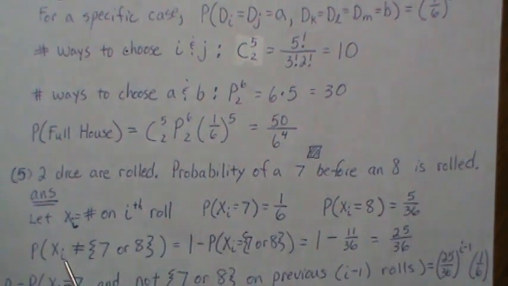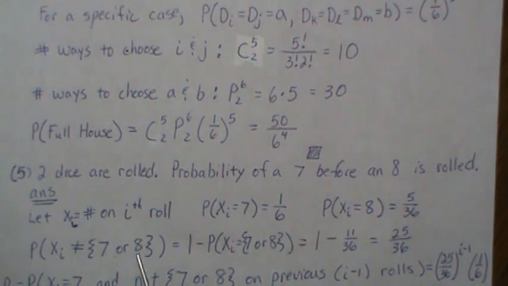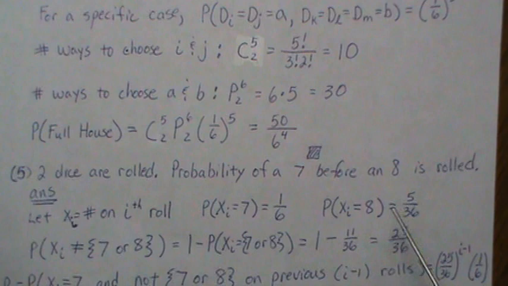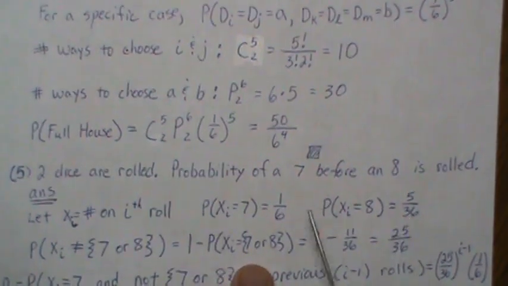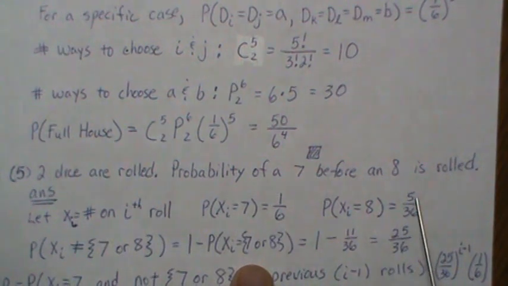So the probability that xi is not a 7 or 8 is 1 minus the probability that it is a 7 or 8. And so it's 1 minus, I mean 11 over 36, right? Because or is plus, so it's this plus that. So this is 6 over 36, 5 over 36, 11 over 36.